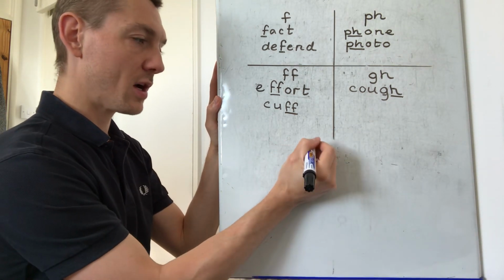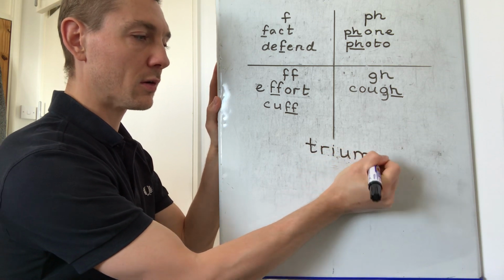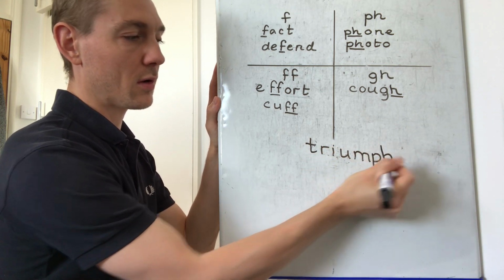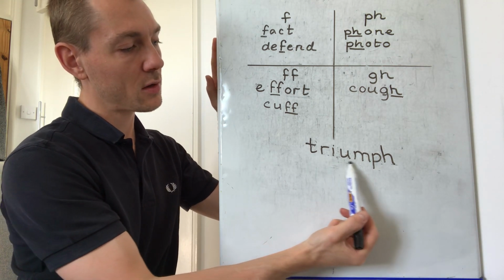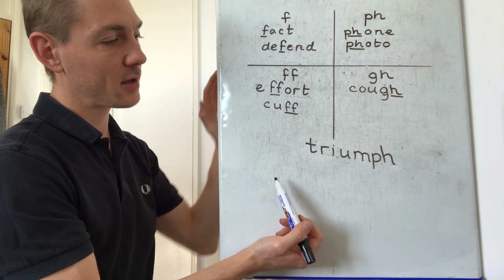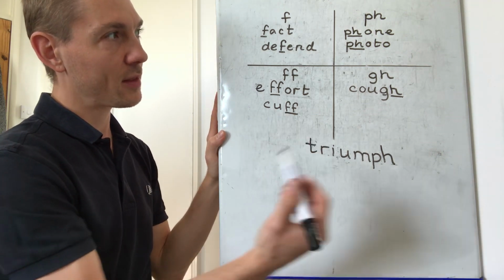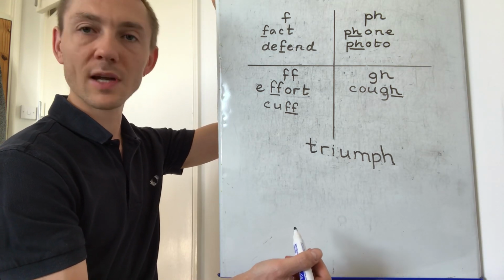2 more, I think. So let's have the word, 2 syllables. Okay, 1, 2, 3. Triumph. Okay, so the spelling is what we're looking for. So pause and have a try.